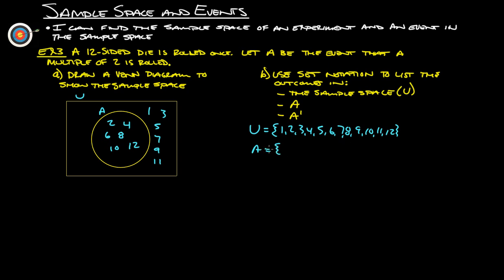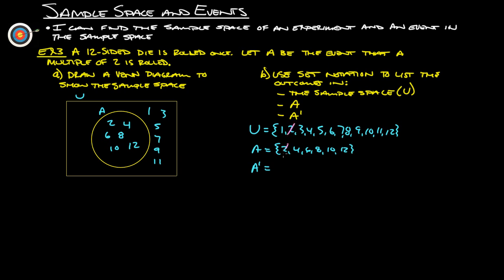A is going to be everything that happens in event A. Okay, so event A is 2, 4, 6, 8, 10, or 12. And then A prime is everything that is in the universal set that's not in A. One way that you can do this is to take everything that I have in set A, which is 2, 4, 6, 8, 10, and 12, and cross those off in the universal set.